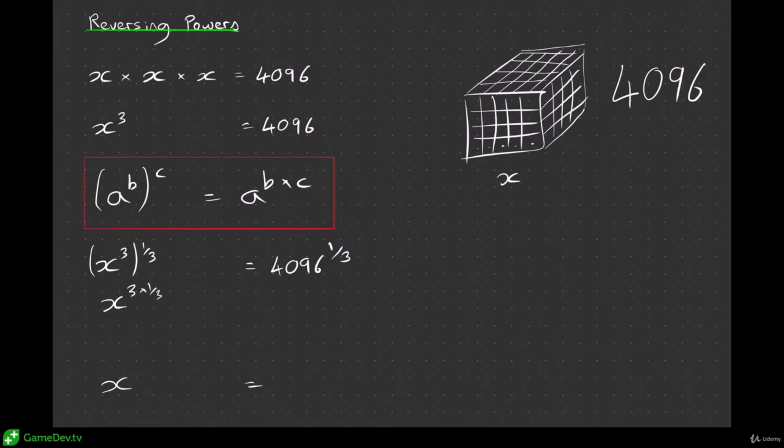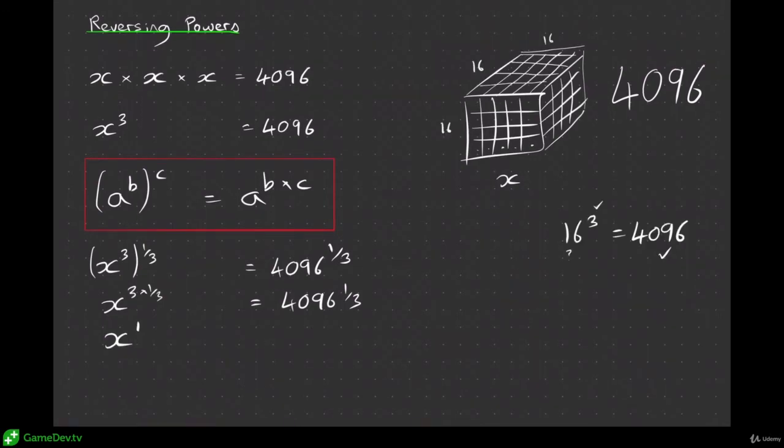Okay, given that rule about equations, that you always do the same thing on both sides of them, let's crack on. So x to the power of a third times 3, or 3 times a third, equals 4096 to the third. Now, this is x to the power of 1 equals 4096 to the third. So now hopefully we can see why I chose a third here.